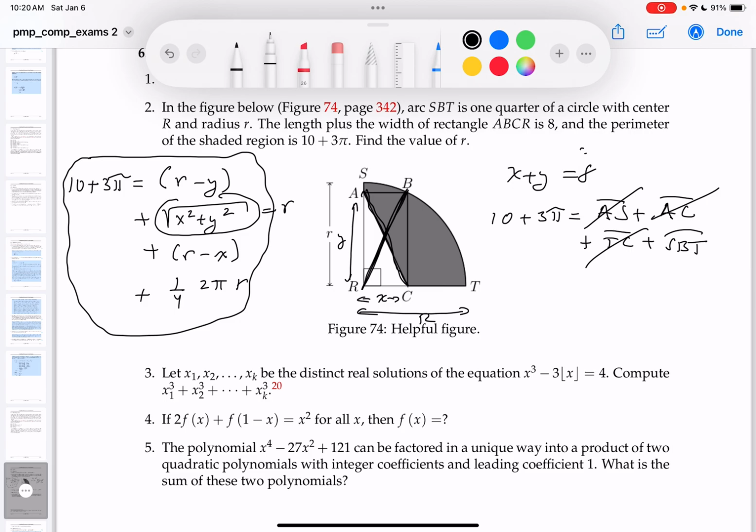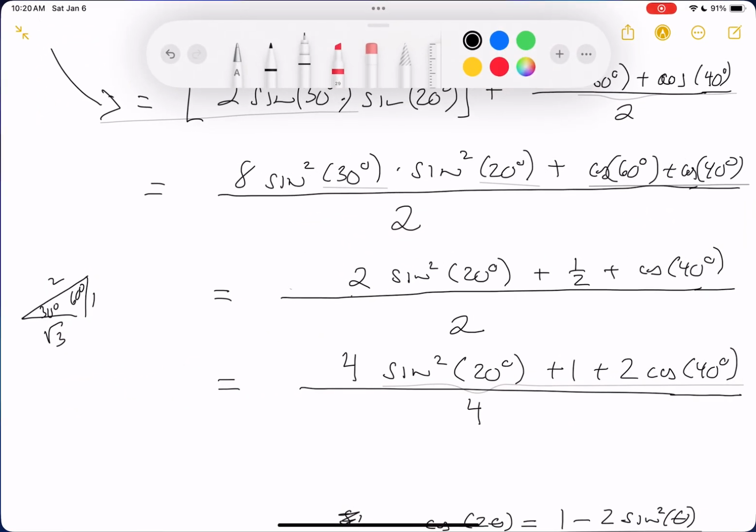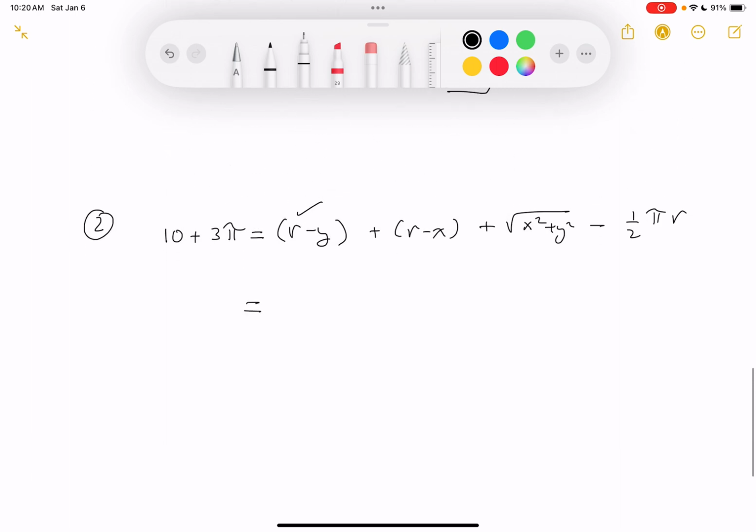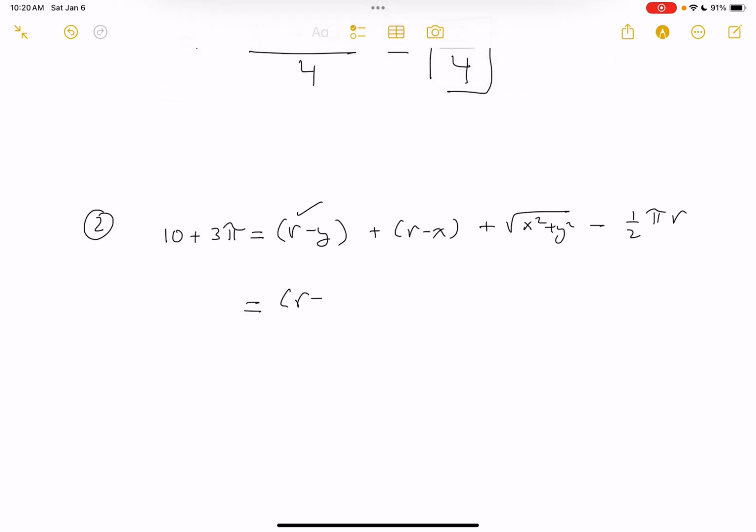Right, something I noticed. So it's really R minus Y, R minus X. And again, this diagonal is just simply R, minus 1/2 pi R.